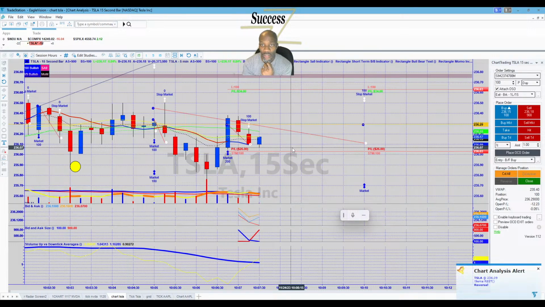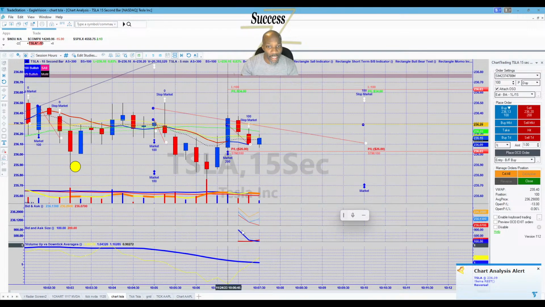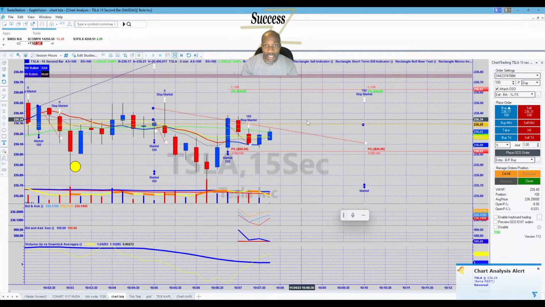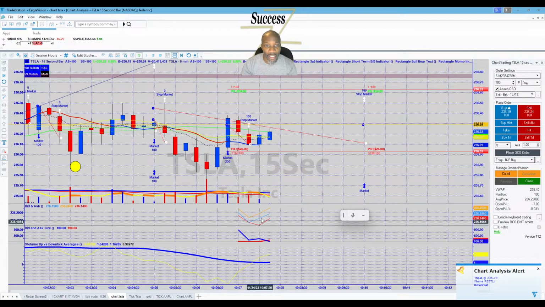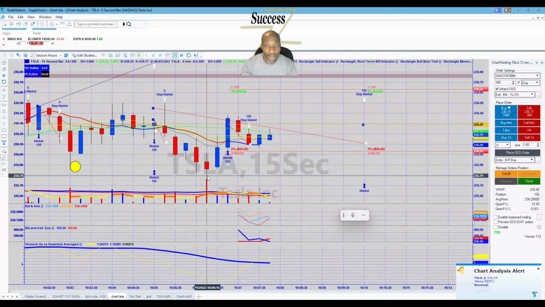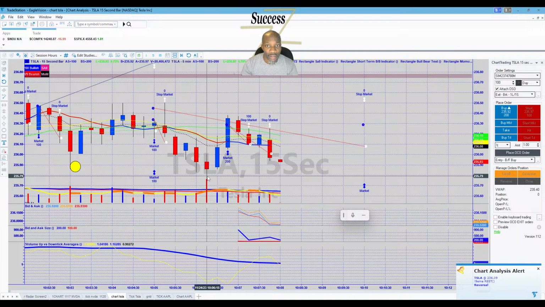I see something else wrong with what I'm doing also, is that every time I'm changing the interval, I'm losing the bid and the ask. I'm losing the bid and ask data here. All right. Order filled.